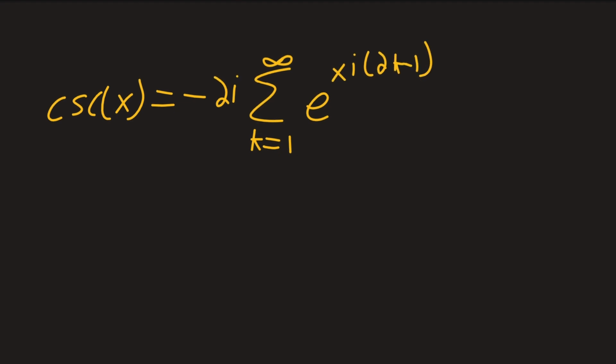Anyways, we can express cosecant of x in terms of a power series, and this is just equal to negative 2i times the sum from k equals 1 to infinity of e to the xi times 2k minus 1. And that right there is just the expression for cosecant in terms of a complex exponential.